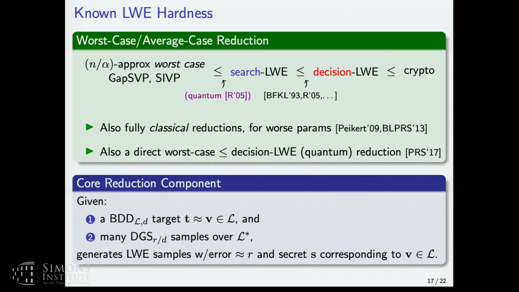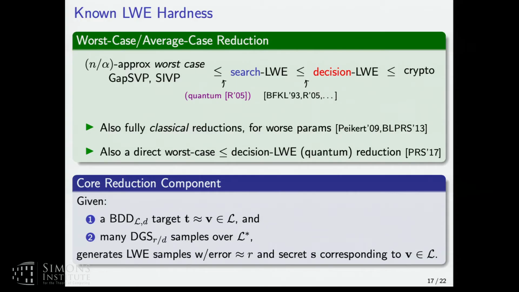I'm lying a little bit, but S is basically in one-to-one correspondence with the vector V of the BDD solution. And the amount of error in these LWE samples is basically r, that is, the product of the distance bound and the width of the Gaussian. So d times r over d is r.